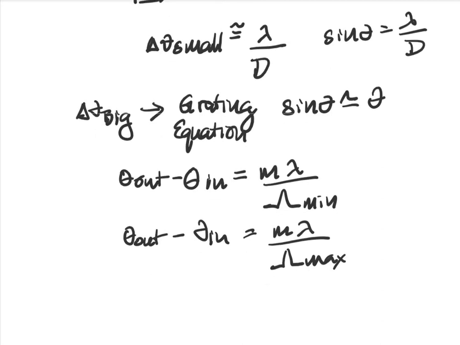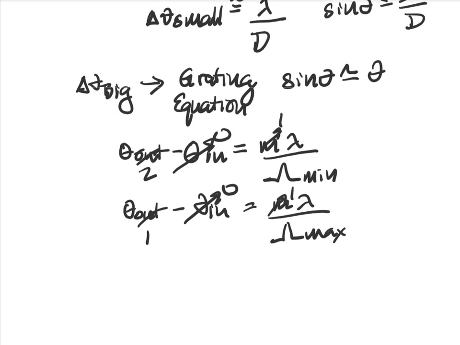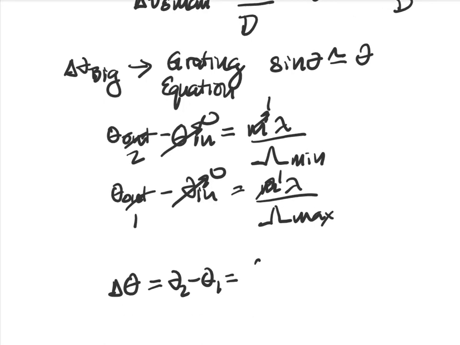Now we can get rid of theta in and m. We'll say that m is just the positive one order. We'll get rid of theta in because we just illuminate straight on. We'll call the biggest output angle theta 2 and the smallest theta 1. Delta theta then is just theta 2 minus theta 1, which is equal to lambda times the quantity of 1 over big Lambda minimum minus 1 over big Lambda maximum.